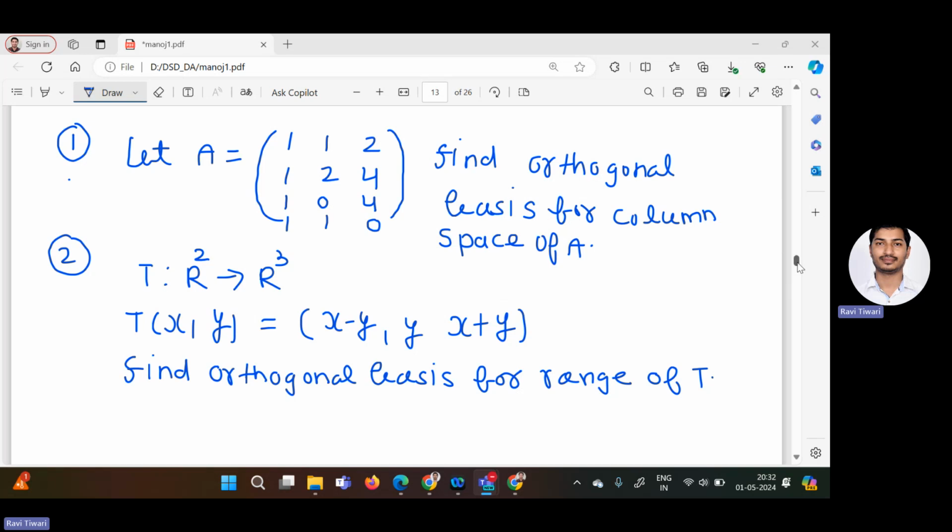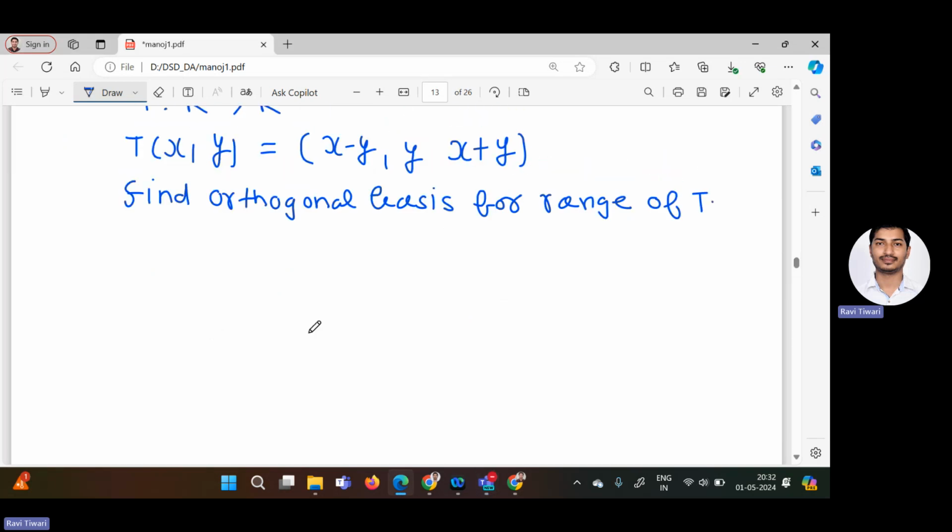Let's get started. The first question: given A equals, columns 1 1 1 1, 1 2 2 ... then 1 2 0 1, then 2 2 4 0. How do we convert this matrix into row echelon form?